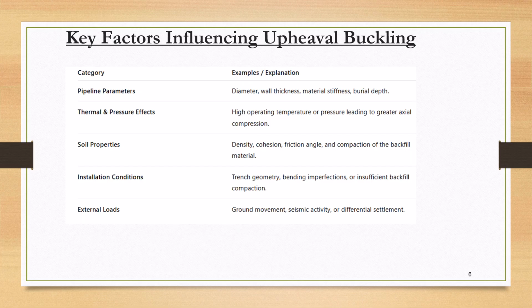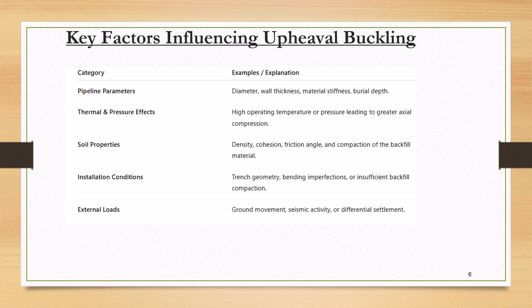Now, key factors that influence upheaval buckling. The main causes of upheaval buckling are: first, thermal expansion from temperature increase during operation, then internal pressure expansion, inadequate burial depth or soil cover, low soil stiffness or weak backfill, and imperfections in pipeline alignment, for example initial vertical imperfections or bends.